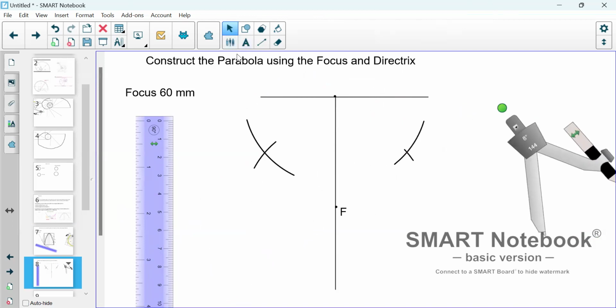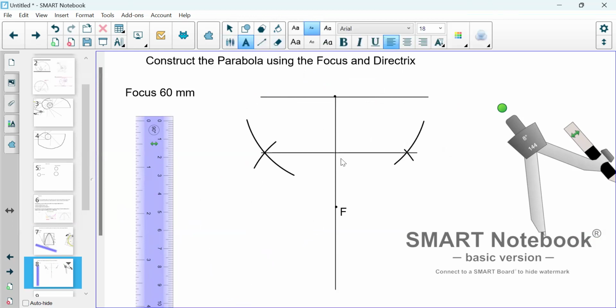Good. So when we draw that line through the intersection, that will give us a point now. We label that point V, which is the vertex of the parabola.